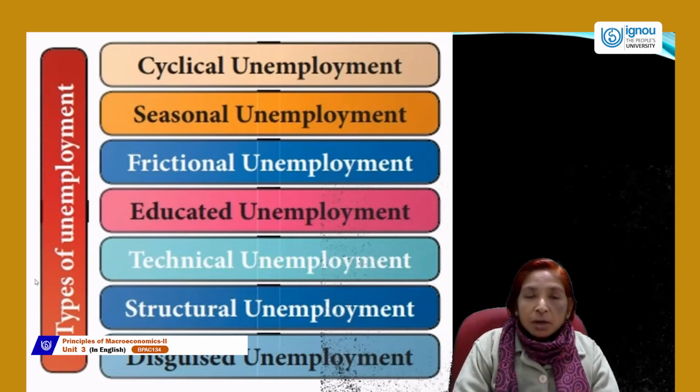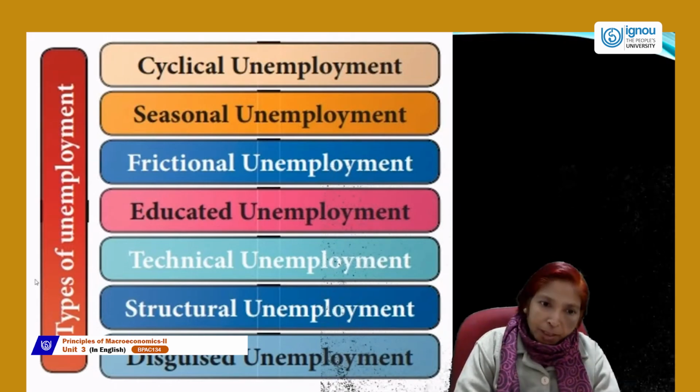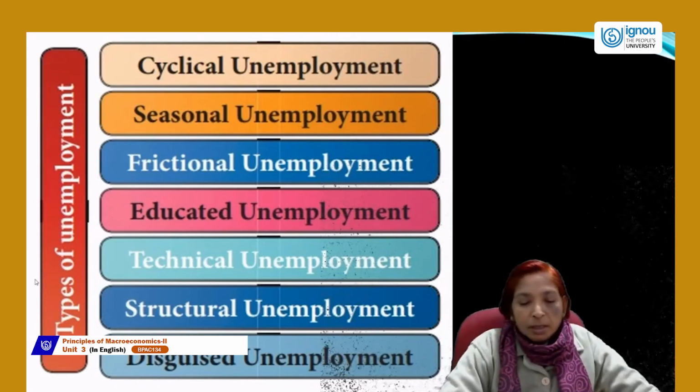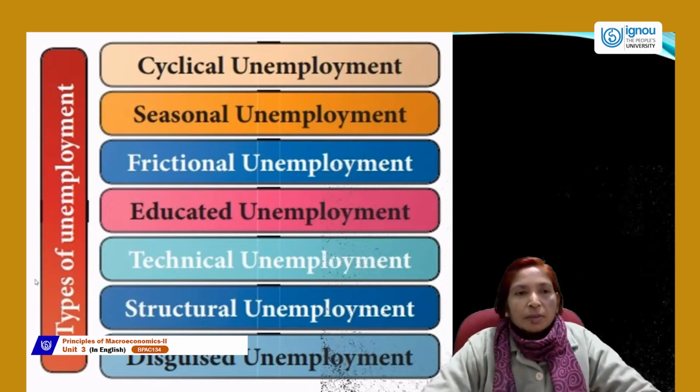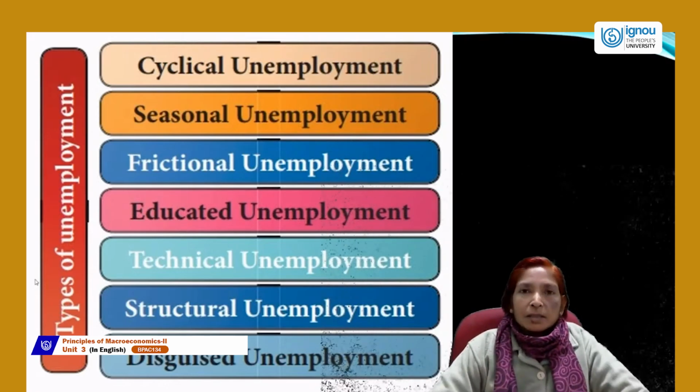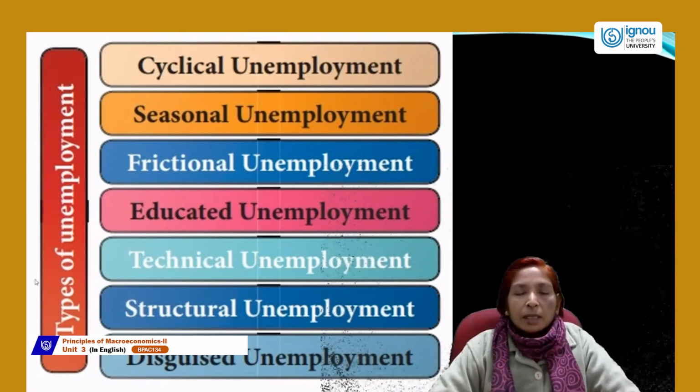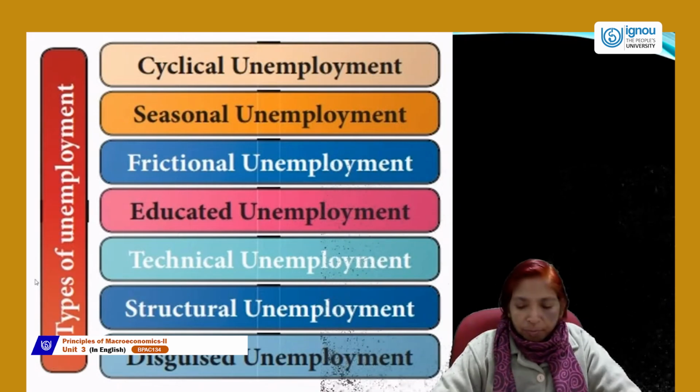If a person is not getting job opportunities according to his or her qualification, that is called underemployment. So there are many various types of unemployment that exist all over the world and in each and every economy.